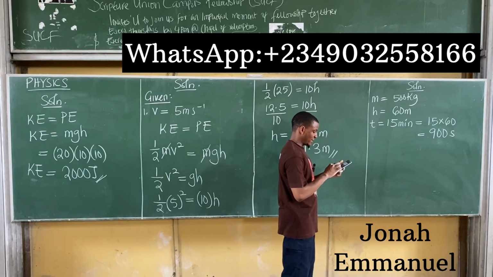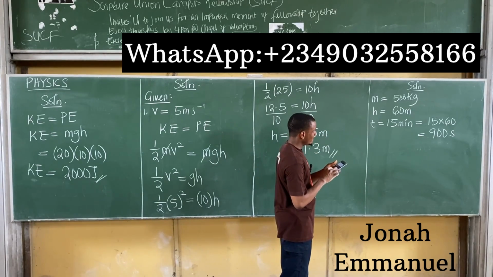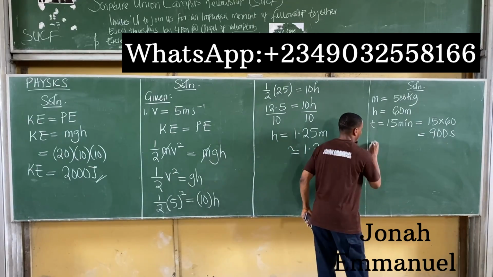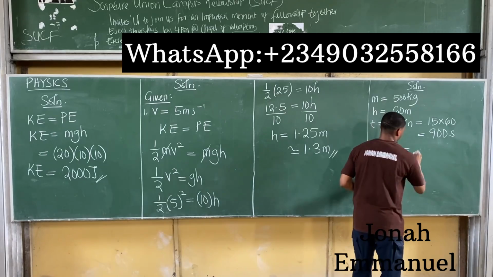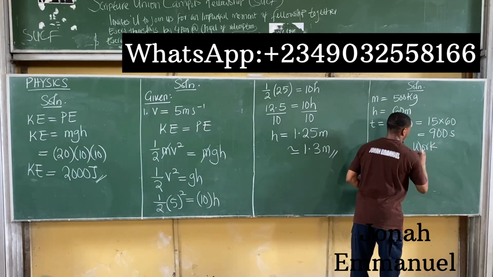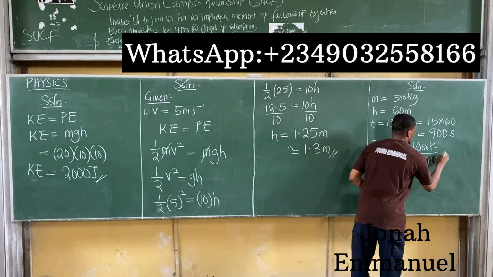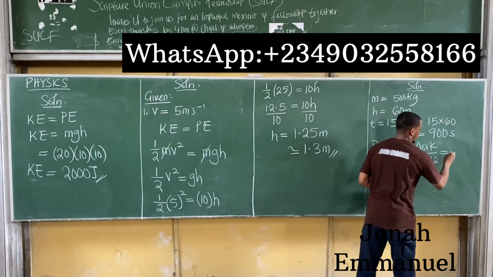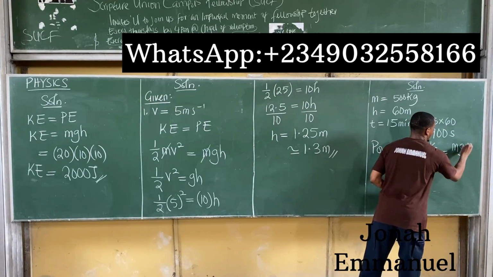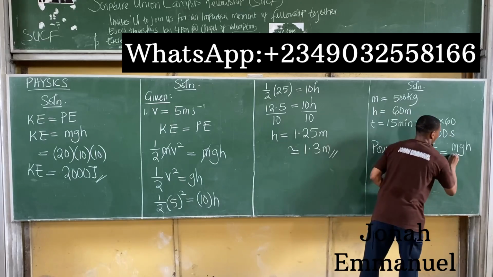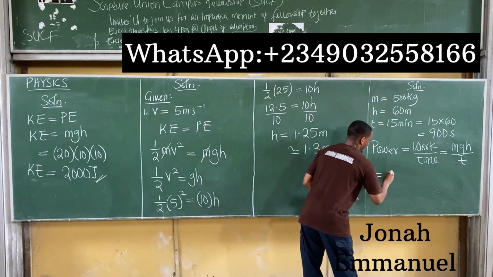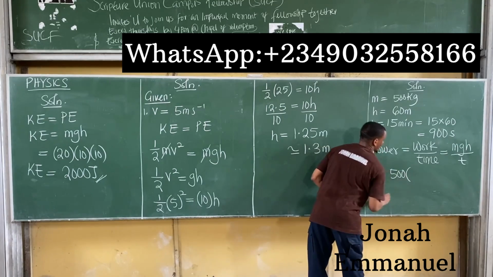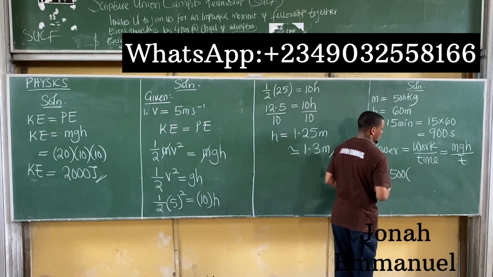So to find power here, what do we have? Recall that power is equal to work done all over time, such that the work done is equal to the product of mass times gravity times height. That's work done all over time. So bring in values. Mass is 500 times gravity. Gravity is a constant.